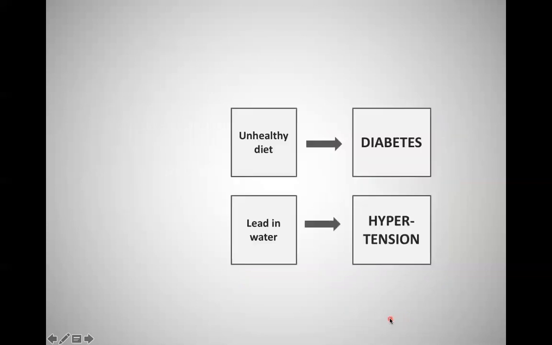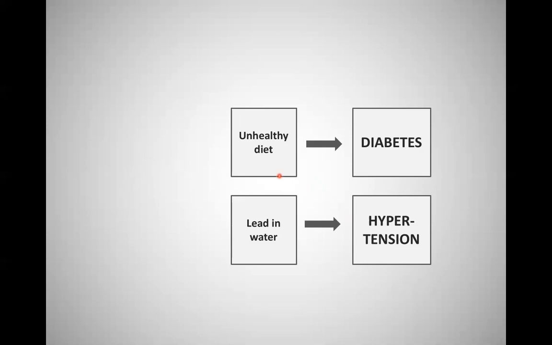So the tuberculosis and cardiovascular disease is a temporal example. You know, what used to be the main cause of death 100 years ago and what the cause of death is today. But let's think about health outcomes that we experience today. Diabetes and hypertension. The main behavioral cause of diabetes is unhealthy diet.